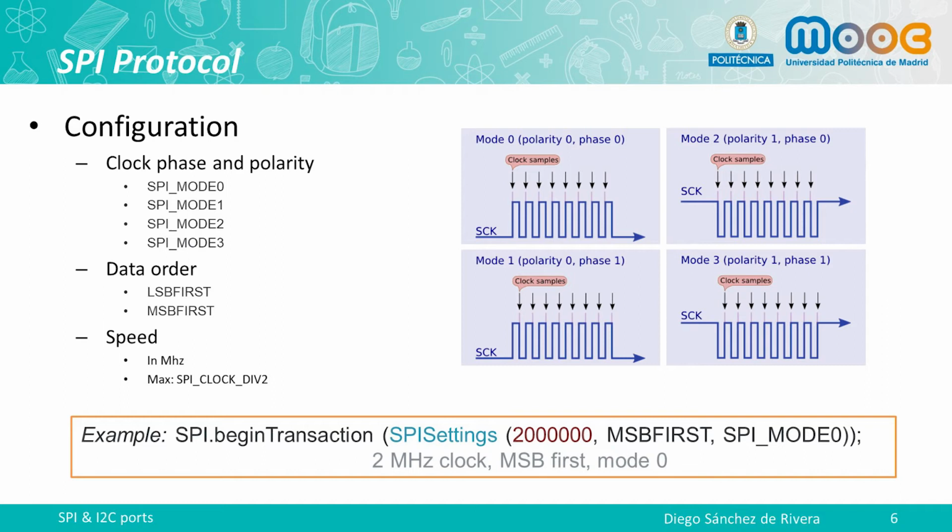In addition, we need to specify whether the data is shifted in most significant bit or least significant bit, and the bus speed used. After that, we can start the transmission by calling the begin transaction method.